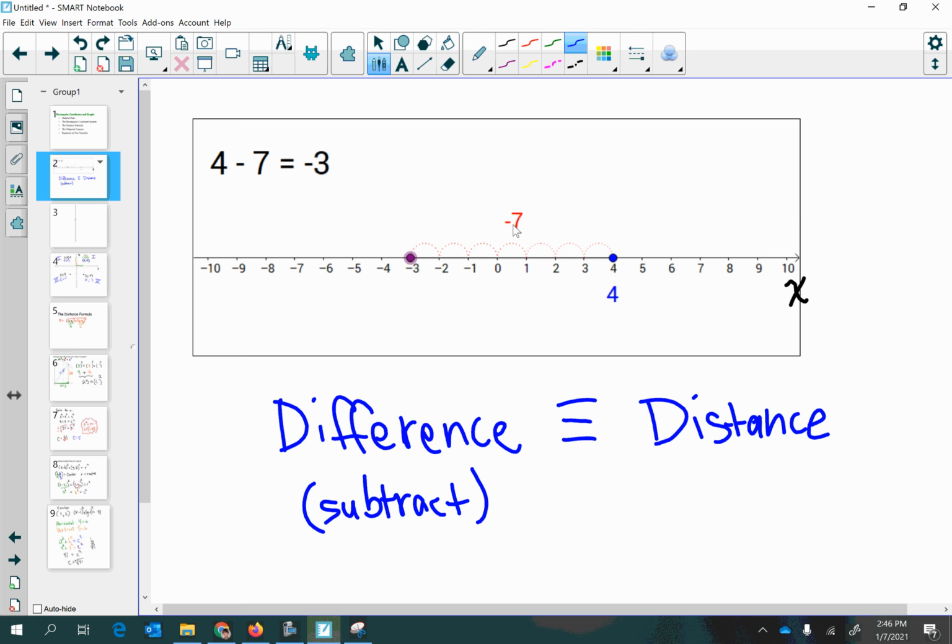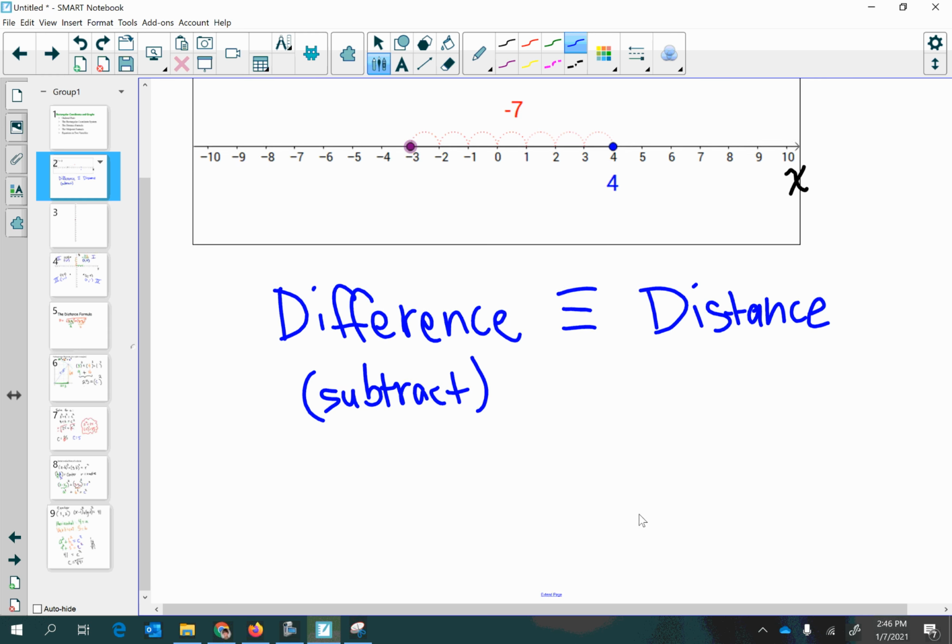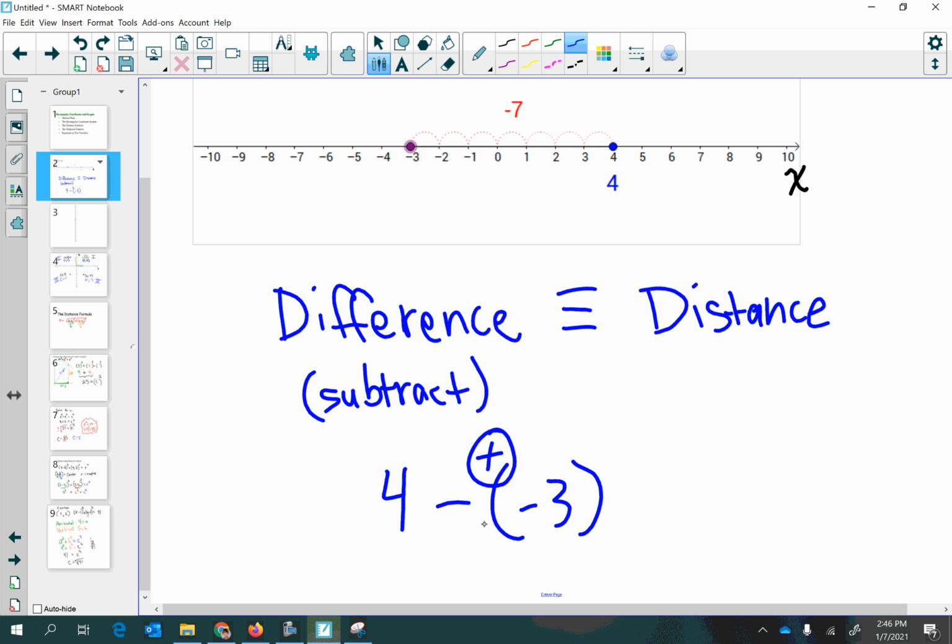There's a difference of 7. And if I were to show that here, I would do 4 minus -3, and the double negative would become a positive, and so we would end up with a distance of 7. So that's on a regular number line. All you have to do is subtract the two numbers to find out how many jumps are between them.